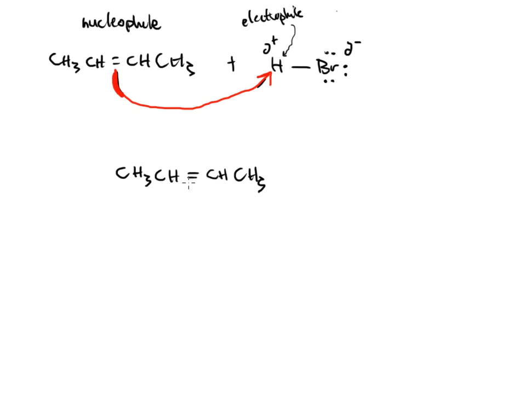we've got to make a spot for it. Right now, all the spots are taken up. That carbon has 4 bonds. This carbon has 4 bonds. Methyl, hydrogen, 2 from the double. This carbon has 4 bonds: hydrogen, methyl, 2 from the double. And then the final carbon also has 4 bonds.